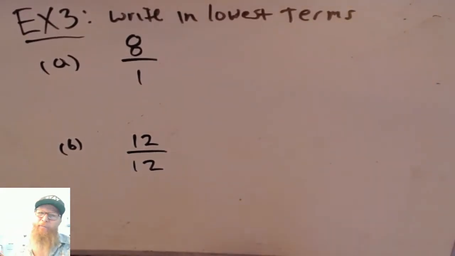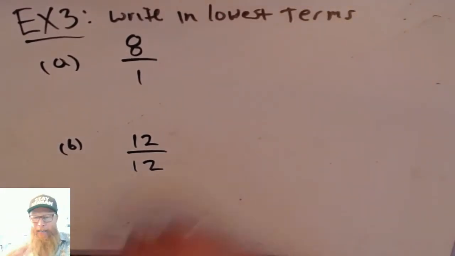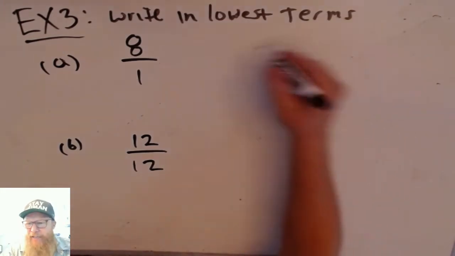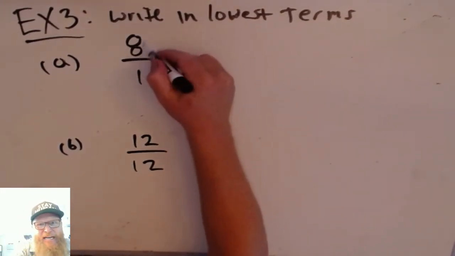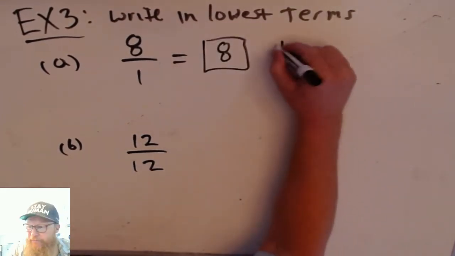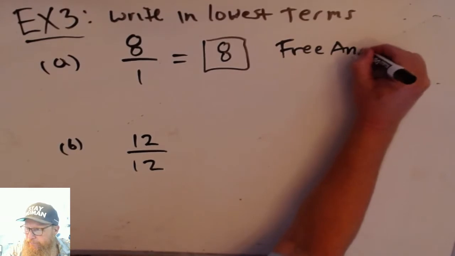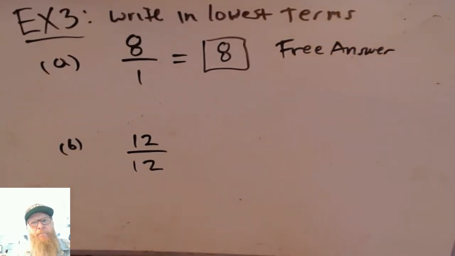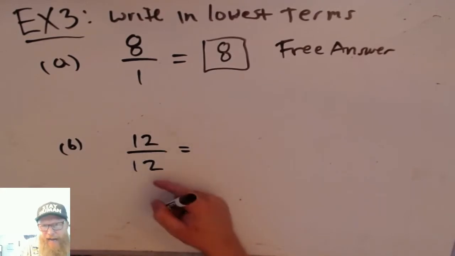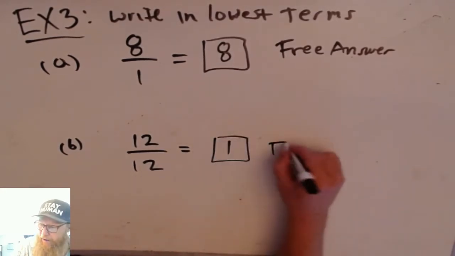They're a little bit too easy, but I'll definitely put them in the homework just to give you some free homework points. So these are essentially free answers. Any number divided by 1 is just equal to itself. Yeah, that's a free answer. And then any number divided by itself is just equal to 1.